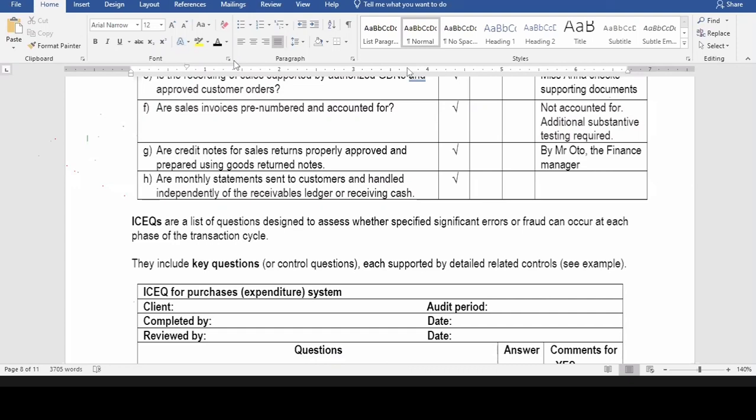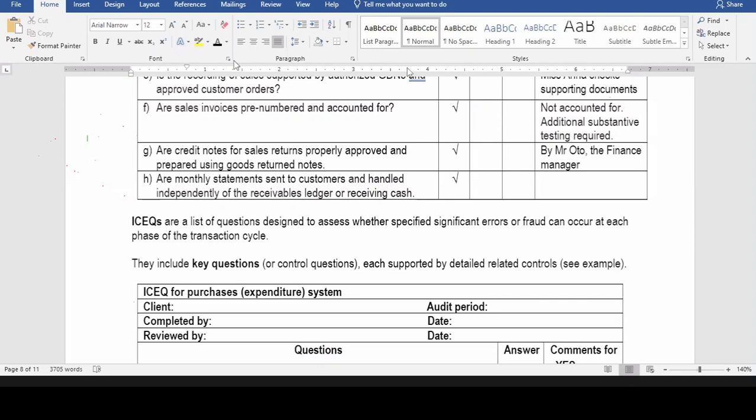The ICE2 identifies whether controls are in place or not, and it requires direct questions. The internal control evaluation questionnaire is a list of questions designed to assess whether specified areas of fraud can occur.